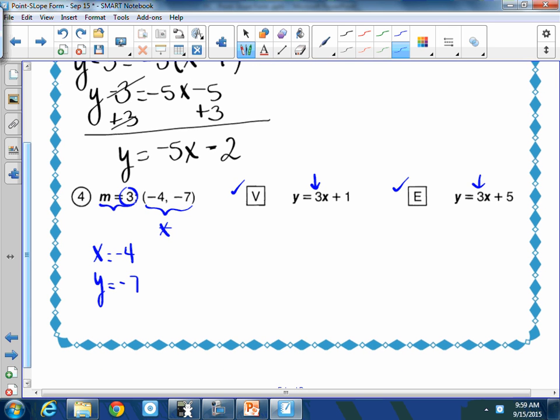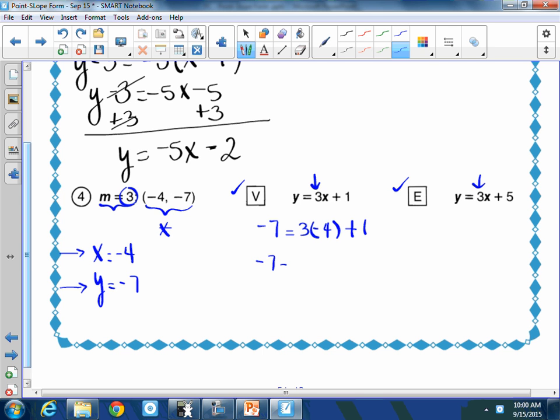So instead of using the point slope formula, what I'm going to do is plug the value of x and the value of y into the equation and figure out which one makes it true. So the y would be negative 7, and that equals 3 times the value of x, negative 4, plus 1. All right?